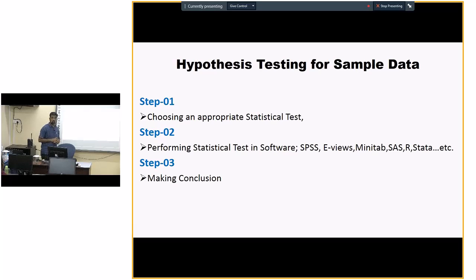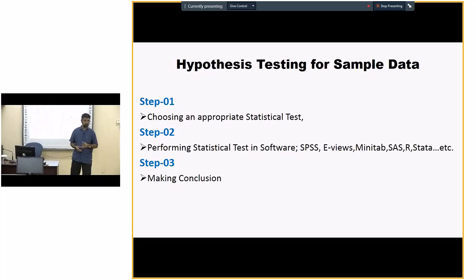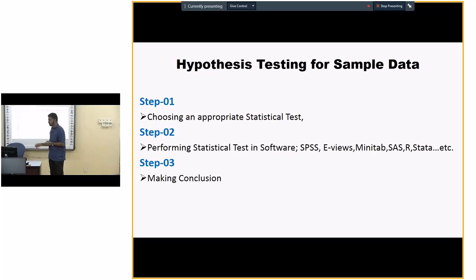If we have quantitative research, then most probably we have to think about the statistical test. Now the first step is to choose an appropriate statistical test, then how to identify that statistical test. The next task is to perform that type of statistical test through software. Nowadays we are not using manual calculation, right? Within 1 second we can get the output, right?